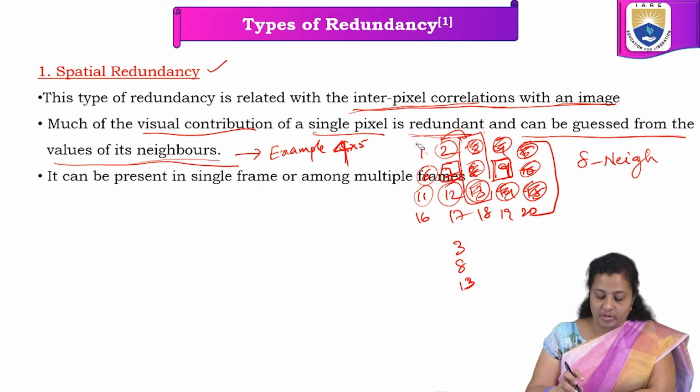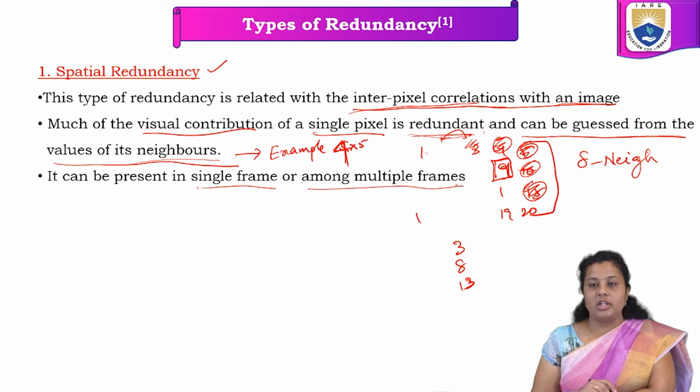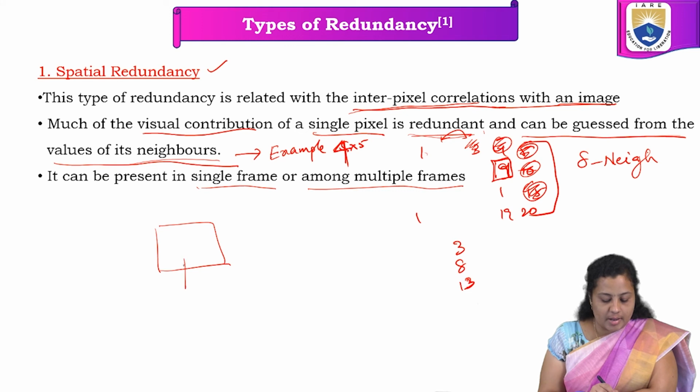This type of redundancy can exist in a single frame or among multiple planes. Say this is our single plane image, it can happen in a single plane as well as across multiple planes, like in our video.